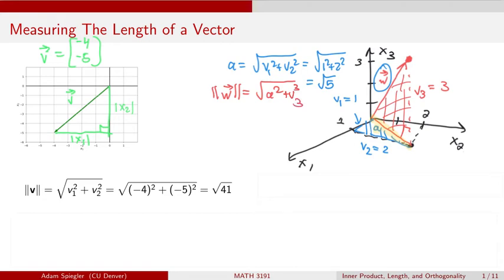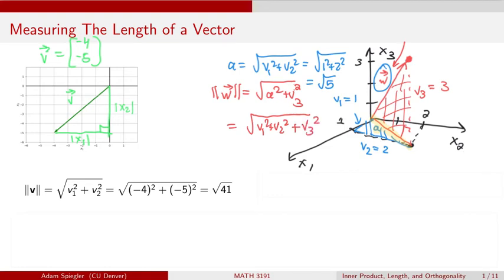Excuse me, I put v3 to the third power. The 3 is the subscript, and we're going to square that. And that's going to give me the length of this side of the triangle right here. So now if I take A and I square it, that gives me v1 squared plus v2 squared. And then I add to it v3 squared.